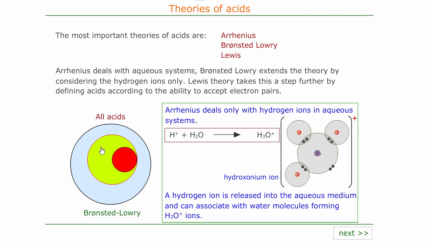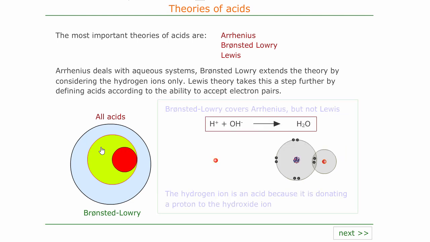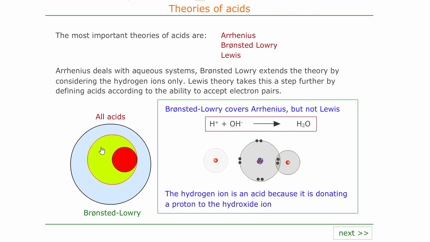Let's have a look at the Bronsted-Lowry theory. Bronsted-Lowry theory looks at it from the point of view of the hydrogen ion donor. Whichever species donates the hydrogen ion is considered to be an acid.